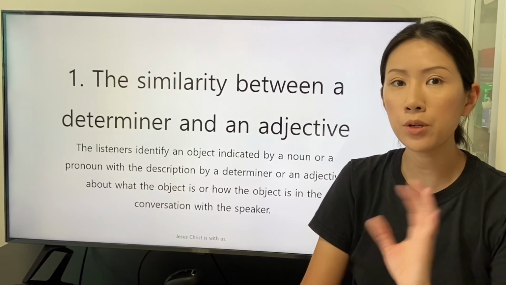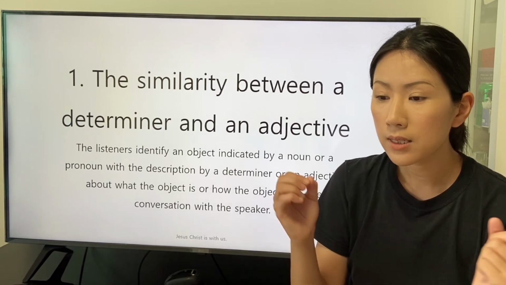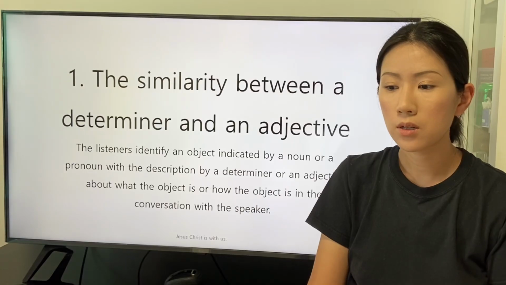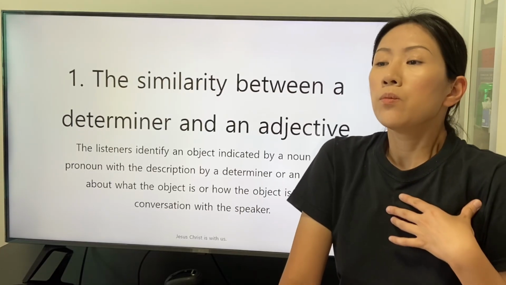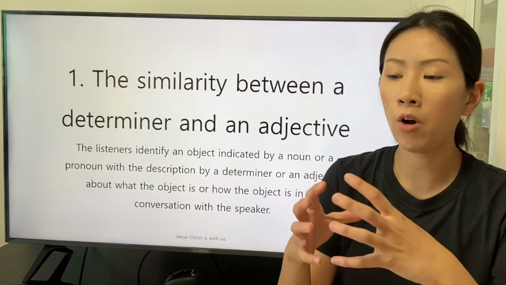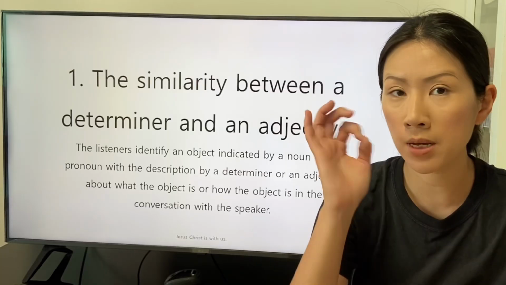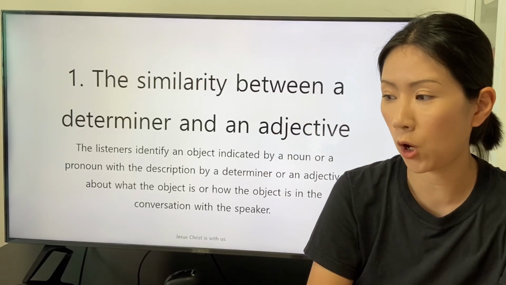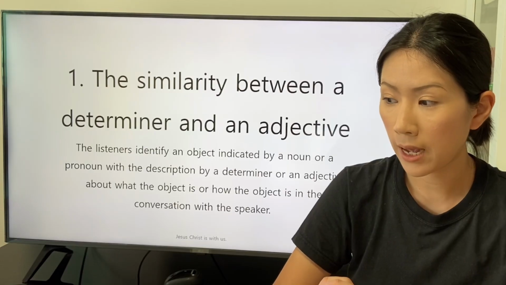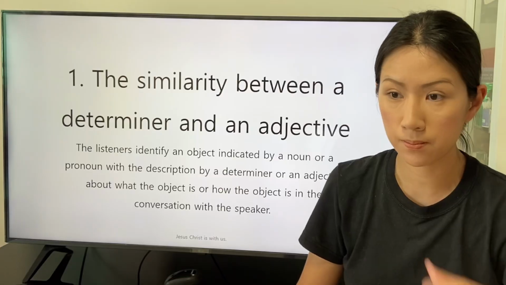A proper noun is defined with the identity. So the fact that a subject or an object is defined with the identity means that the subject or the object is identified by the speaker and the listeners in the conversation.